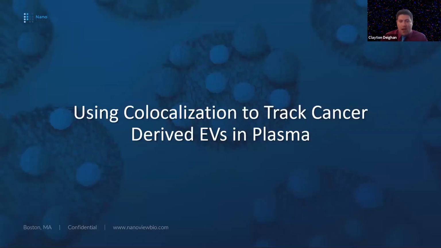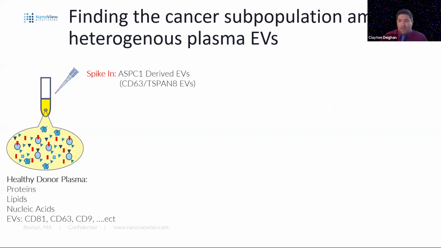And lastly here, I'm going to visit a spike-in experiment where we'll use this colocalization of tetraspanins to actually track cancer-derived EVs spiked into plasma and talk about when these two different capture strategies can be advantageous relative to one another. So, finding the cancer subpopulation among heterogeneous plasma EVs.